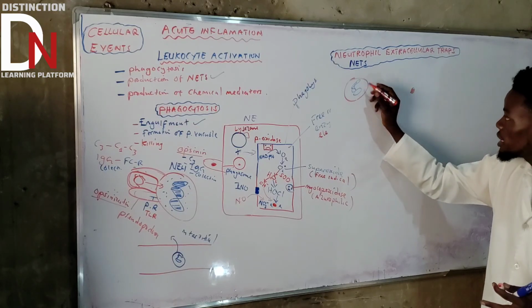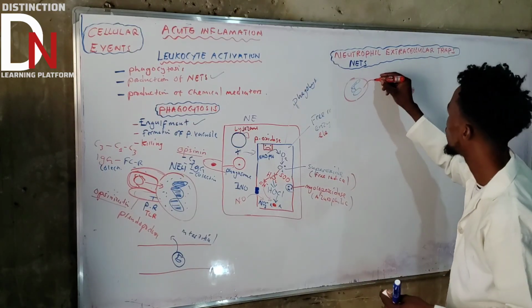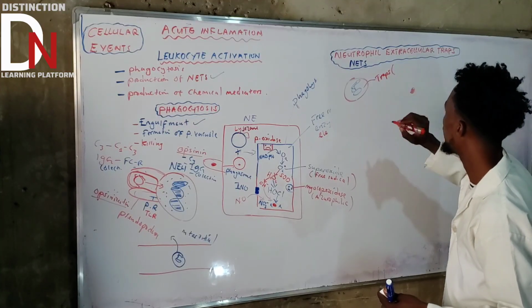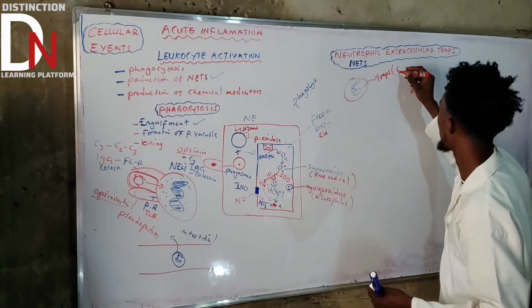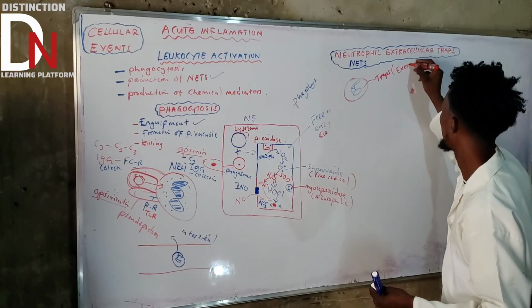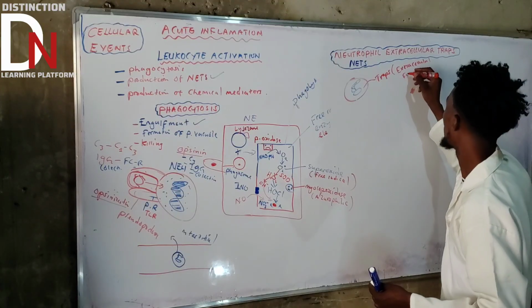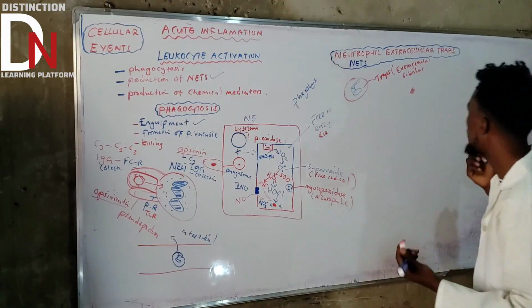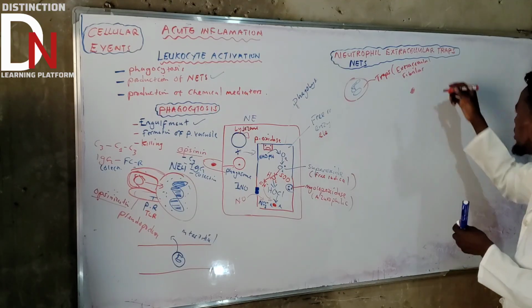The moment the cell kills itself, it's going to produce something which we are calling traps. What are those traps? We call them extracellular fibrillar network.